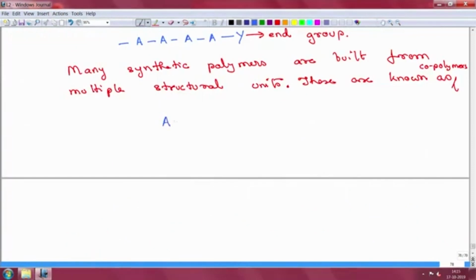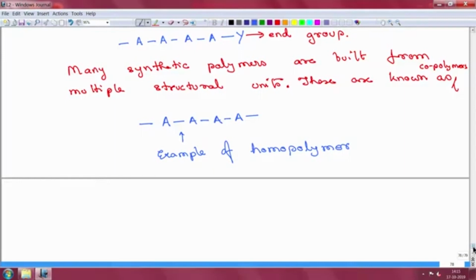In contrast, a polymer like this, which is made of only one structural unit, is known as a homopolymer. So, this is an example of a homopolymer.